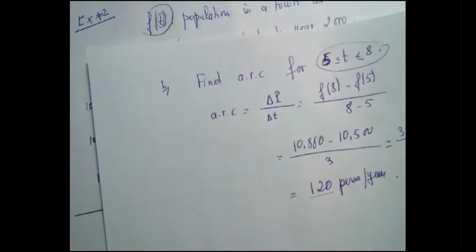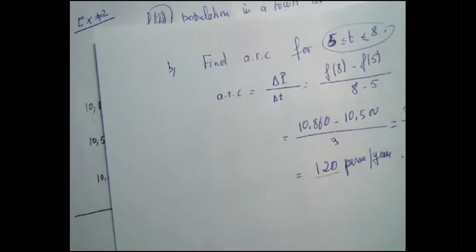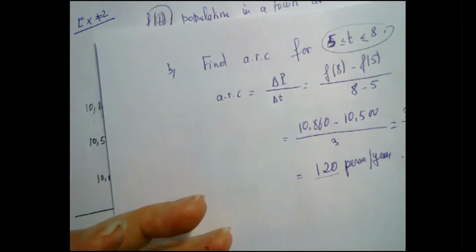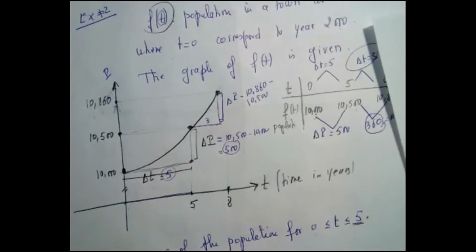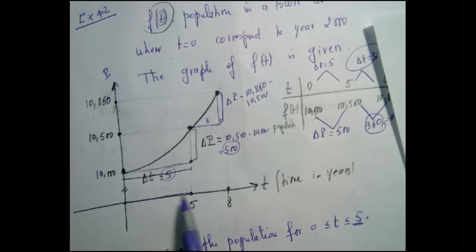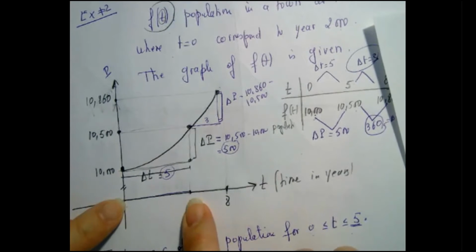Now, why are those two numbers good? The question would be, when was the population growing fastest? Between 0 and 5 or between 5 and 8? If I look at the average rate, between 0 and 5 it was growing by 100 per year.